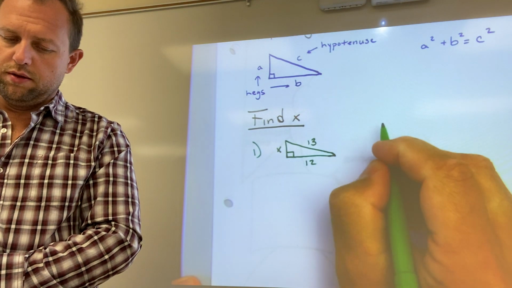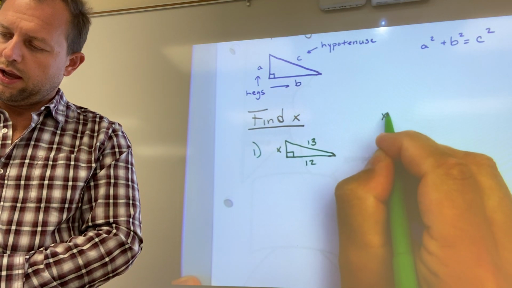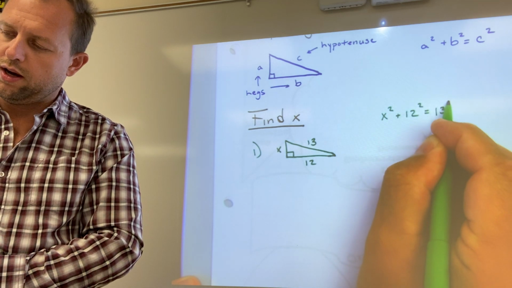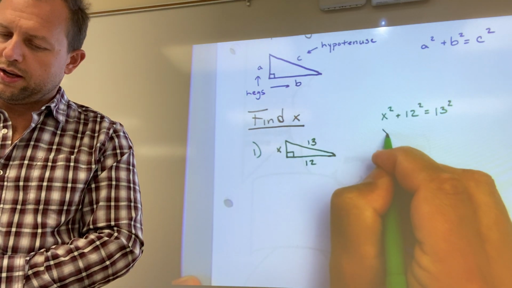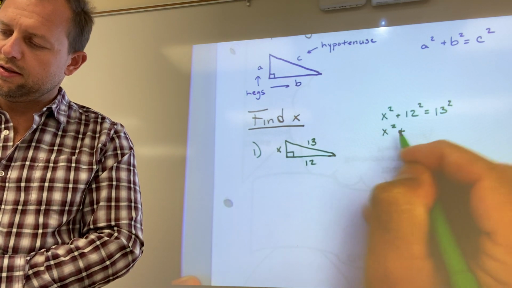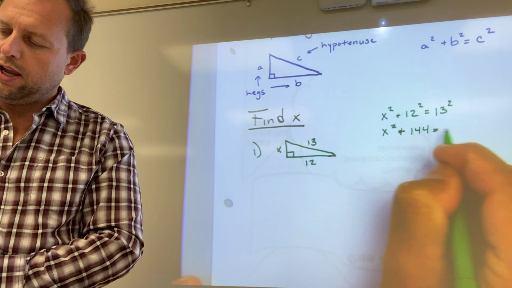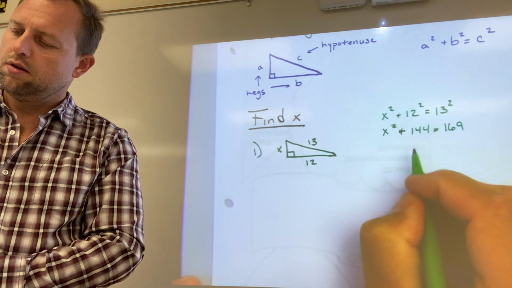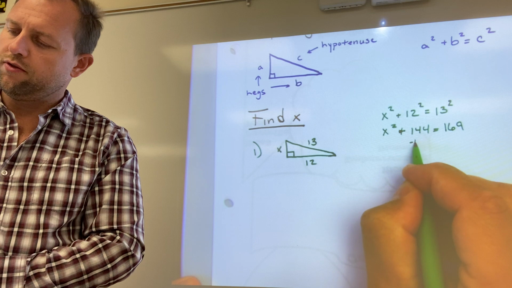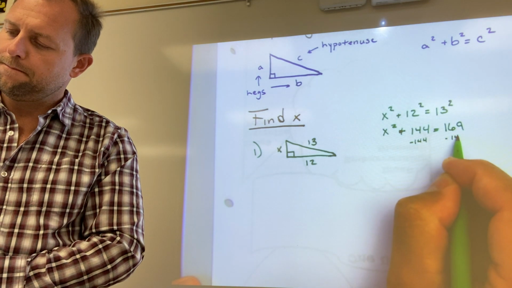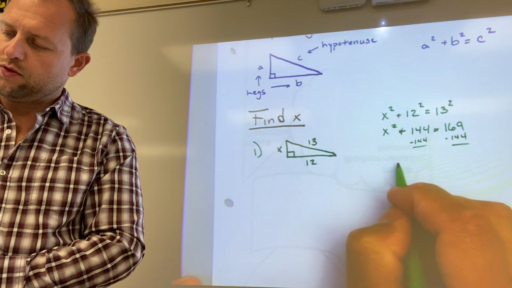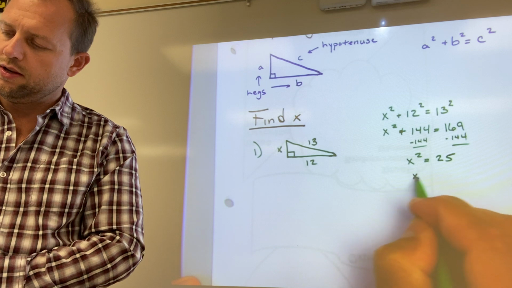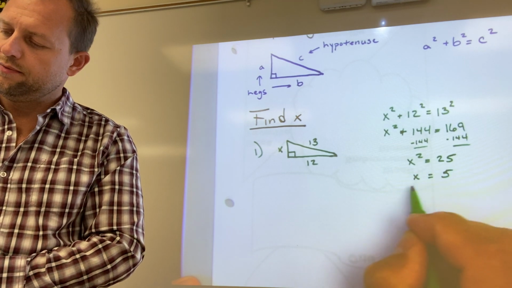So as you recall, x squared plus 12 squared equals 13 squared, or x squared plus 144 equals 169. We have to subtract the 144 from both sides. We're left with x squared equals 25, and we know that the square root of 25 is 5.